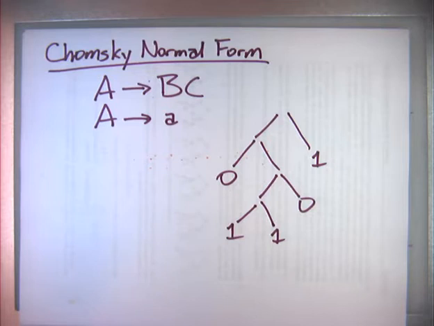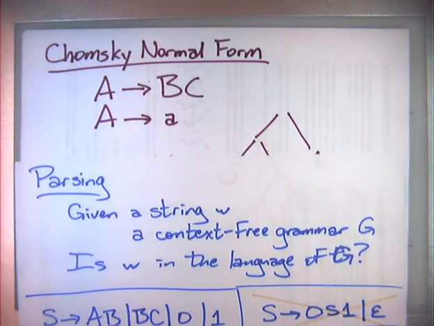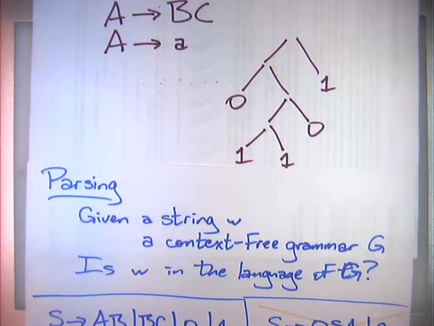So when I ask, given a string W and a context-free grammar G, is the string in the language? One way that you can interpret what this question is asking is, can you find me a parse tree for this string that is consistent with the production rules of the grammar?